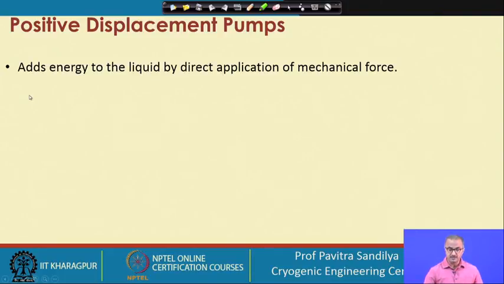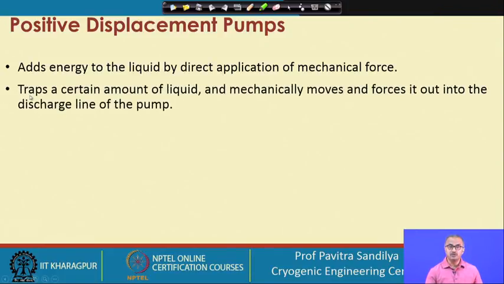The pump traps a certain amount of liquid, mechanically moves it, and forces it out into the discharge line of the pump. You can say this operation is something like the way we use syringes for injection. We first suck in the liquid and then push the piston in the syringe to push out the liquid. You can imagine that this kind of pump works in a similar manner.